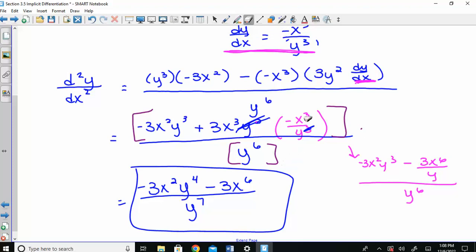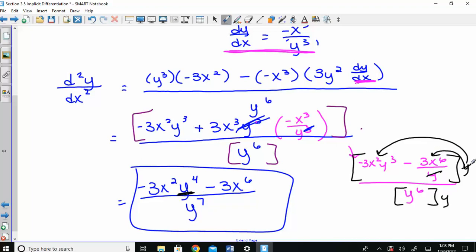Okay, so that's what I got if I just plug this in. And then I said, well, we don't like a fraction in a fraction. So to get rid of that, let's take top and bottom times a y. Distribute it here, so that's where I got this y to the 4th.